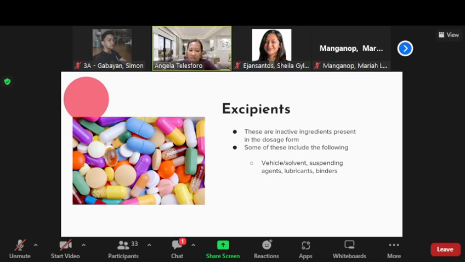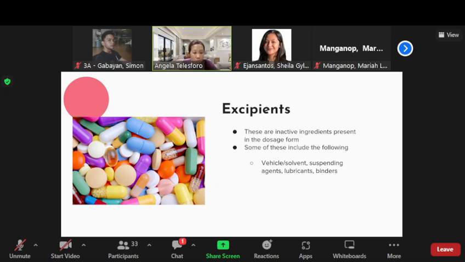So we need excipients because, like for example, sa inyong paracetamol, 500 milligram tablet, ba? So you need 500 milligram of the drug to have the effect. But we cannot give you the 500 milligram kay gamay ra kay na siya. Yeah, powder pag yun. Yeah, so pait pag yun siya. So dili siya i-take sa pasyente.